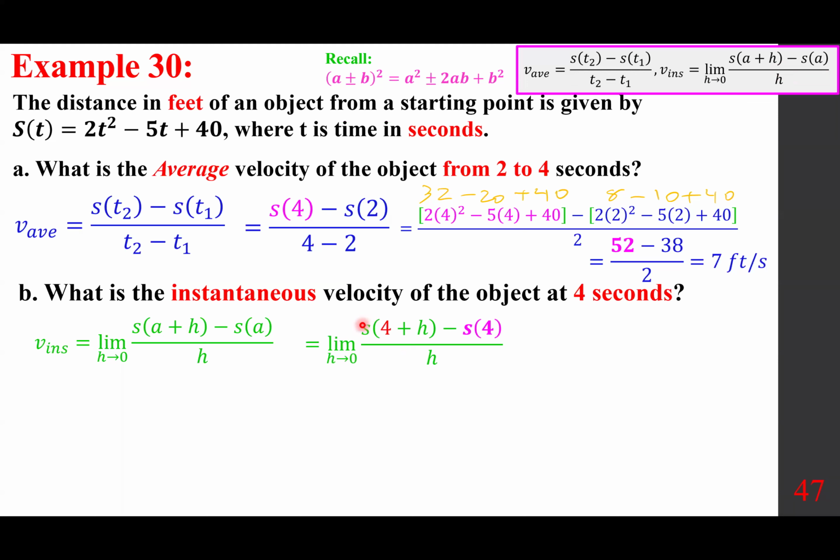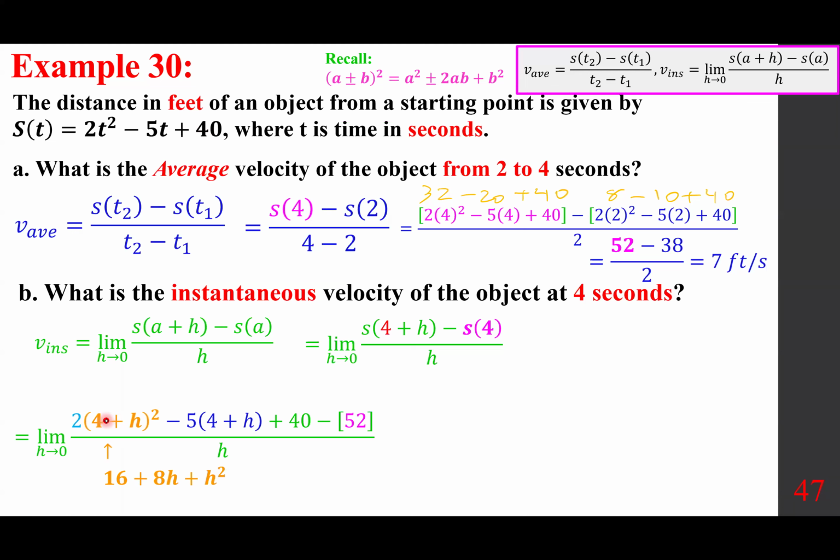And we're going to develop this. And this one, we don't do anything because it's been done. We are going to use the 52. But what is this? 2 times the 4 plus h squared minus 5 times 4 plus h plus 40. 4 plus h squared is 16 plus 8h plus h squared multiplied by 2.